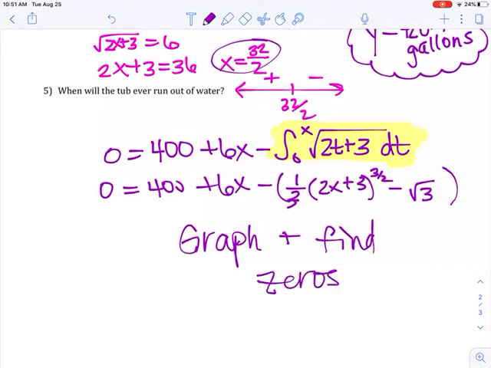Okay. Then I would actually graph this and find the zeros.